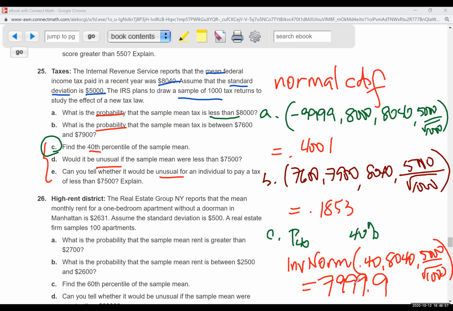Then letter D, try this, less than 7,500, just like letter A. So we could just use letter A and change it to letter D. So this is less than 7,500, so we just use 7,500. And what is your answer?